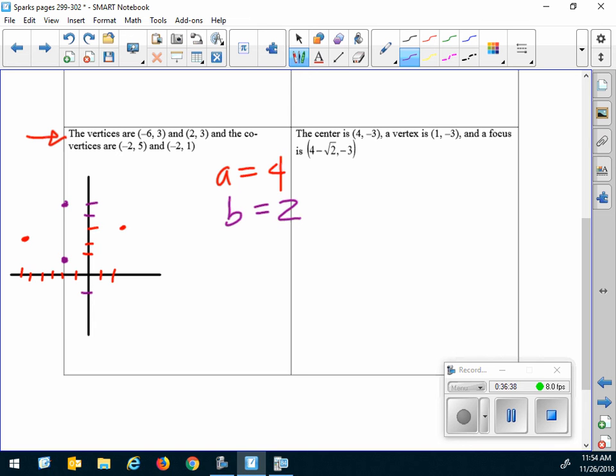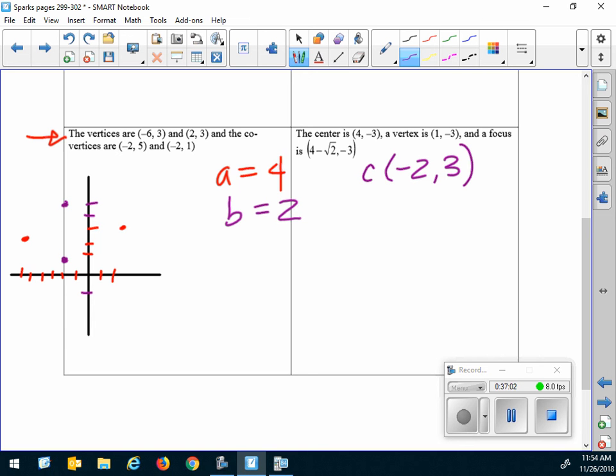Where's the center? Yeah, it's right there. Negative 2 what? Negative 2, 3. The center is at negative 2, 3. Let's write an equation. Now, is the bigger denominator going to be with x or with y? How come?